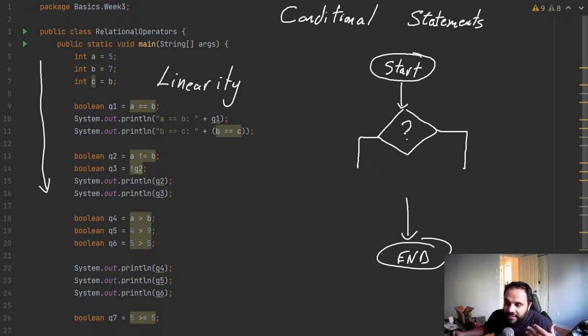Remember that inside of this, it's a relational operator. It's basically a true or false question. So this allows us to determine if it's true, do this specific thing, and if it's false, do something else, right? So something like this. Mind you, this is still linear, meaning that at the start, it will still go towards the end.